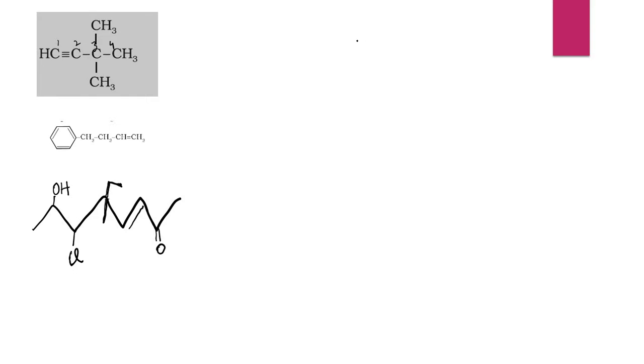So how will I start writing? I'll select the longest chain, that is 4. 4 means but. So I'll write but. At 1 position I have yne, so no need to mention the position, because when we don't mention it, I'll take it as 1 only, butyne. Now at 3 position we have 2 methyl groups, so I'll write 3,3-dimethylbutyne.